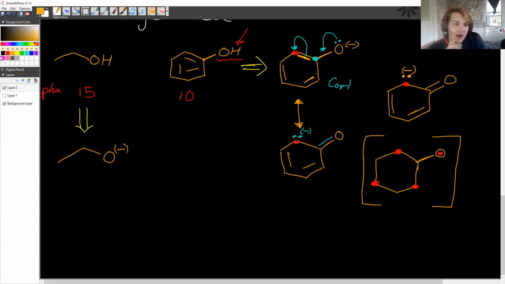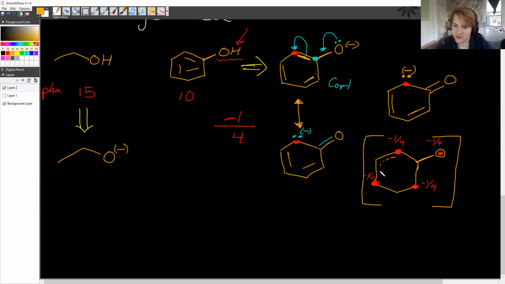So we've taken that -1 charge and divided it over 4 locations. So now all we have really going on is -1/4 charges, -1/4 all the way around.